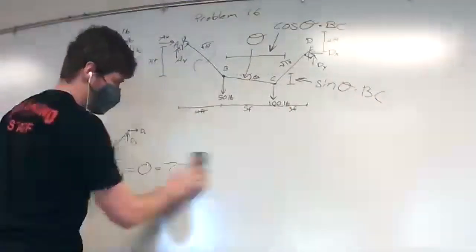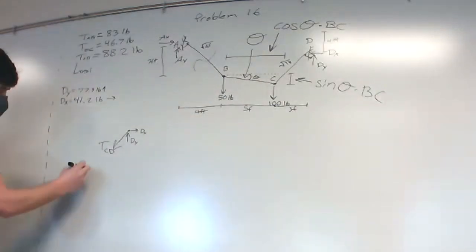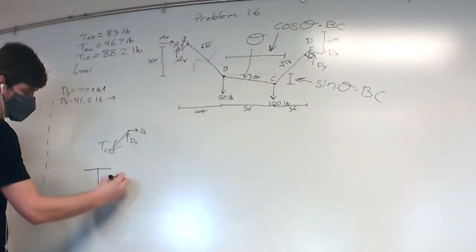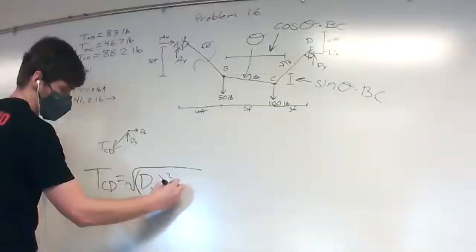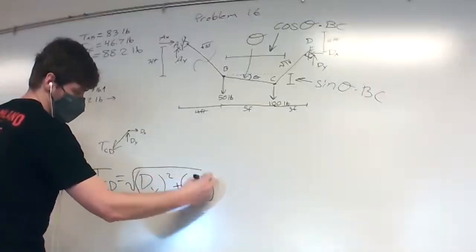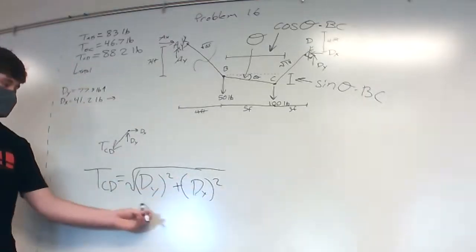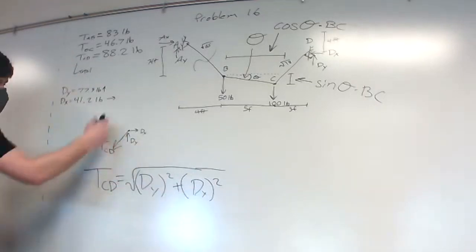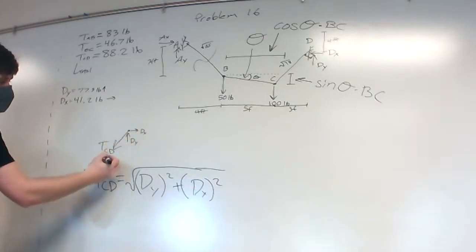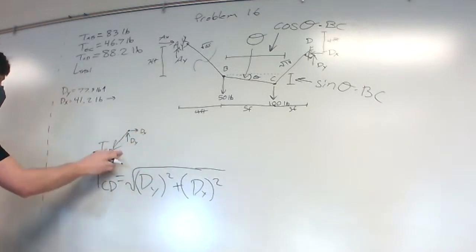So just been saying that TCD is equal to the square root of dy squared plus dx squared, because at this joint, this resulting force is going to be the hypotenuse of these two components.